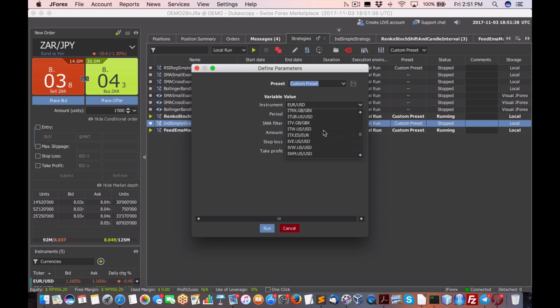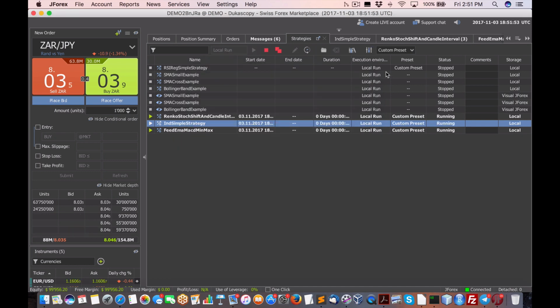Okay, I'll find it eventually. So many instruments in here in the Dukascopy. US dollar. There we are. It's 1 minute. Go. Okay, so I'll report back to let you know on the analysis, but that's the setup.